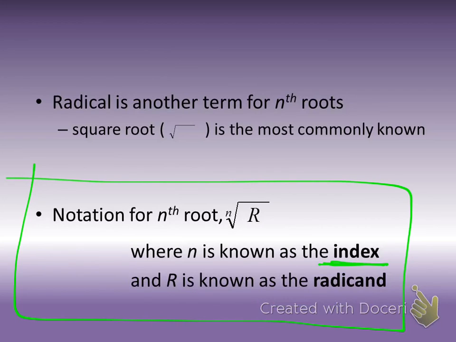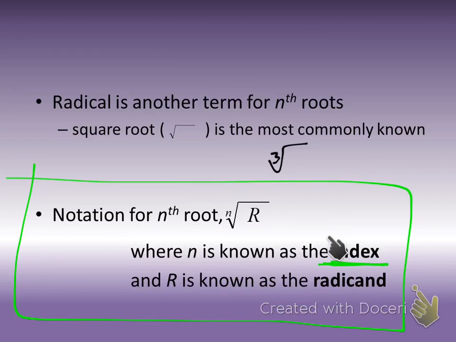The notation for your nth roots will be this little n that Javon pointed out earlier, then the radical sign, then r. Now this n is going to be a number, like a cube root. This number is what's called the index.